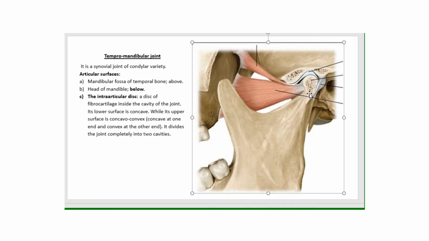But it is very important to know that this joint has an intra-articular disc. This intra-articular disc divides the joint cavity into two cavities. So it is considered as two joints, not one joint.